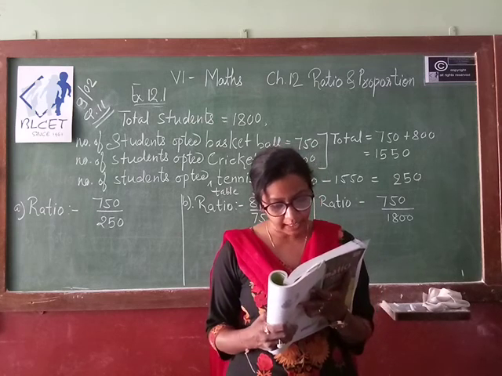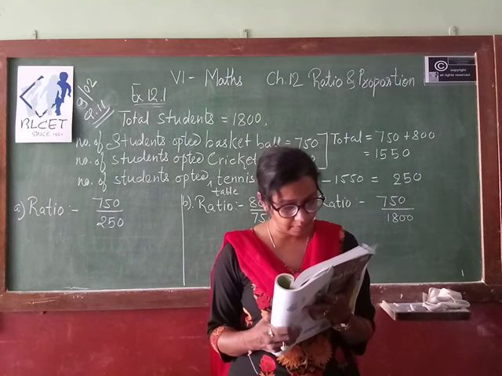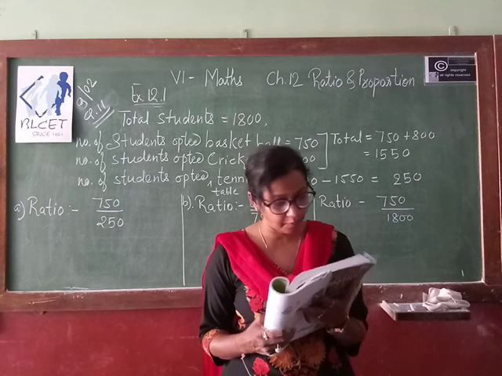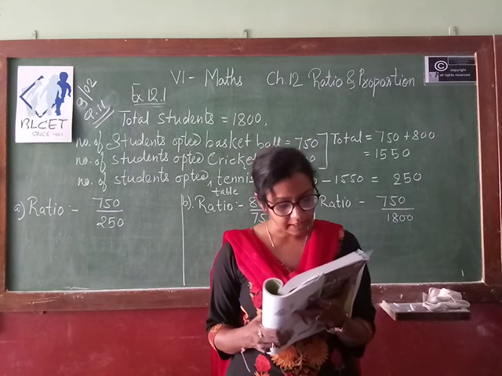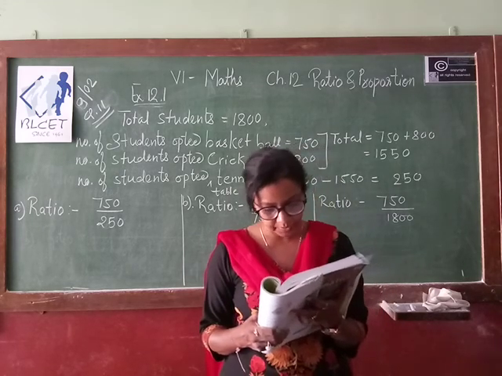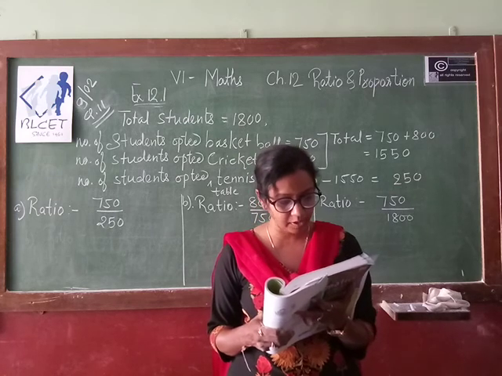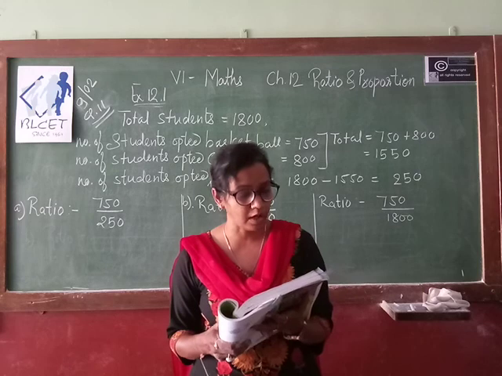If a student can opt only one game, find the ratio of number of students who opted basketball to the number of students who opted table tennis. Then part B is number of students who opted cricket to the number of students who opted basketball, and the third part C is number of students who opted basketball to the total number of students.